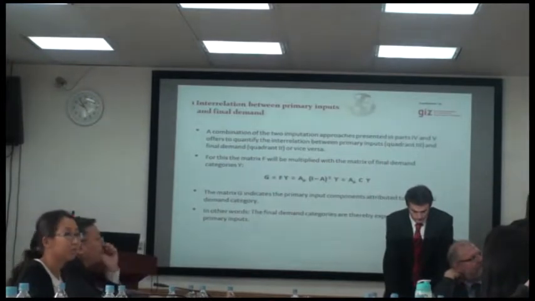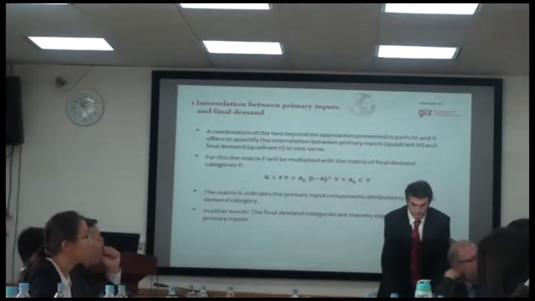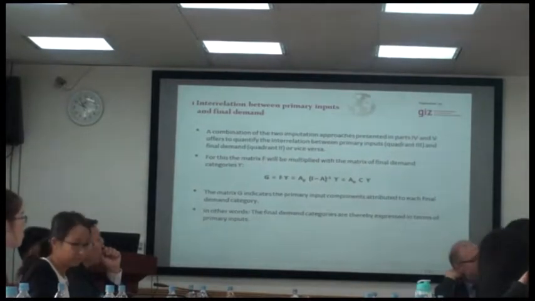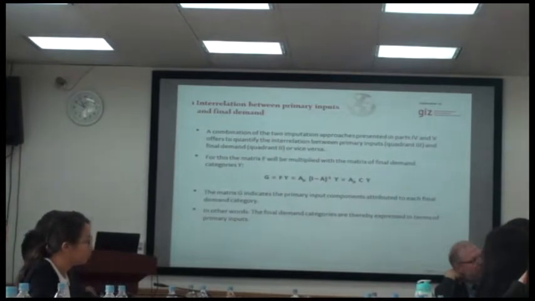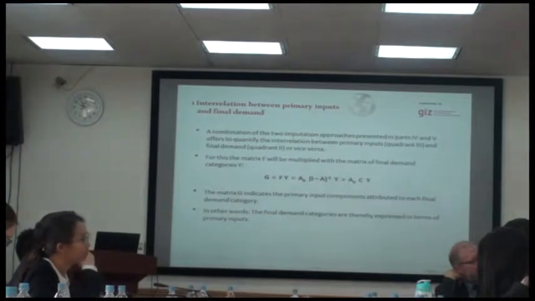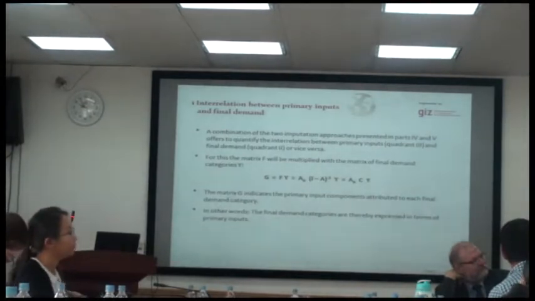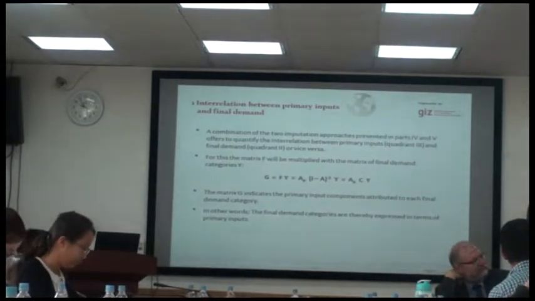We know the matrix AP, our input coefficient matrix, is a matrix that has 5 rows and 20 columns. These are the rows, primary input components, and these are the columns. Our matrix C is a matrix with 20 rows and 20 columns.